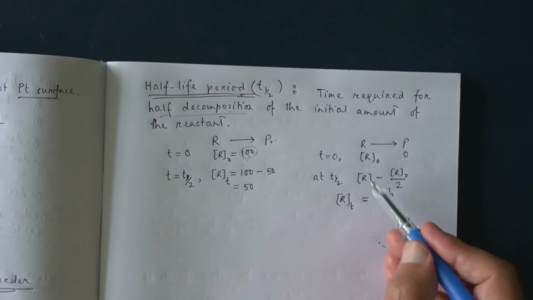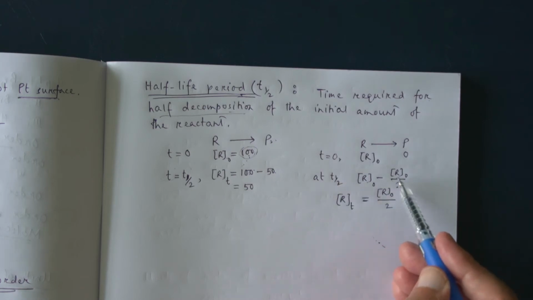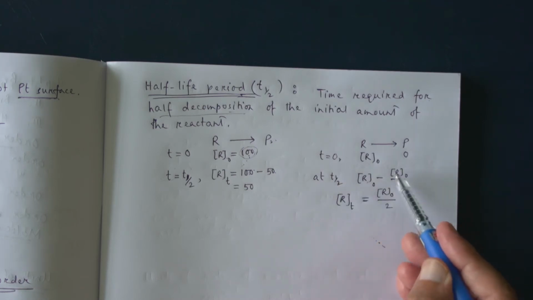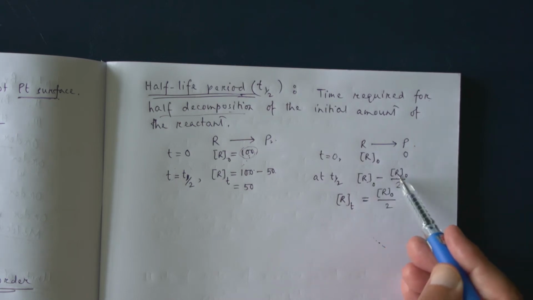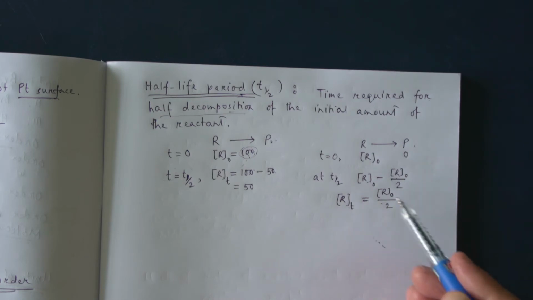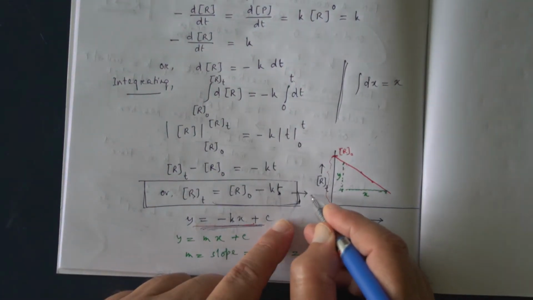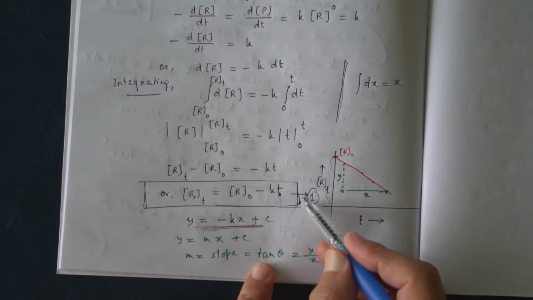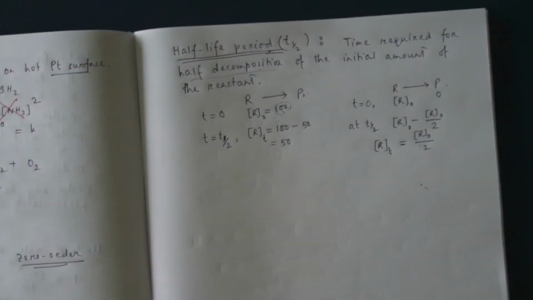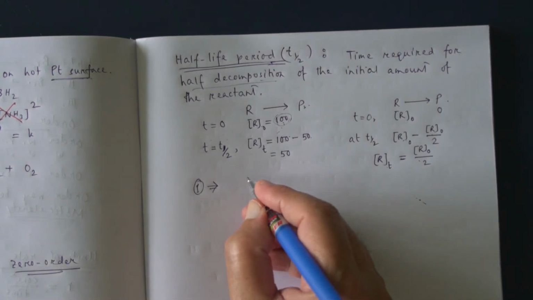Okay, initially we had this, so what will it be at t half, at the half life period? Half of it will be converted into product. So how much will remain? This minus this. So R t will be equal to this. Now this equation is number 1. Now from 1 what we get, R t equal to R naught by 2.